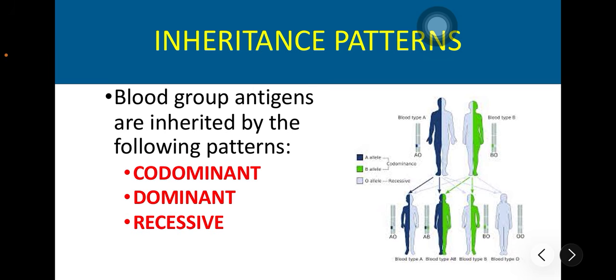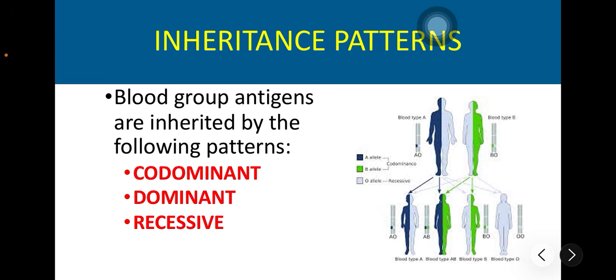So if you have AO or BO, you still have A and B antigens on your red cells, and you will be typed as blood group A or blood group B. But if you received the O gene from both parents, since both are recessive, they can only be expressed if inherited homozygously. That's why you will be typed as blood group O.